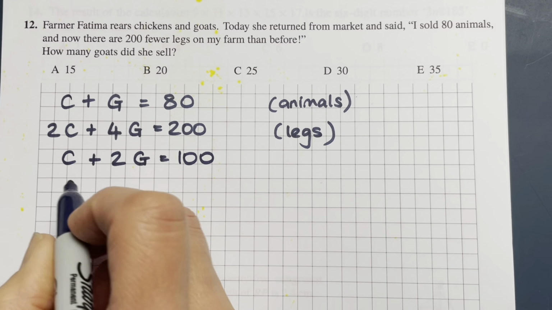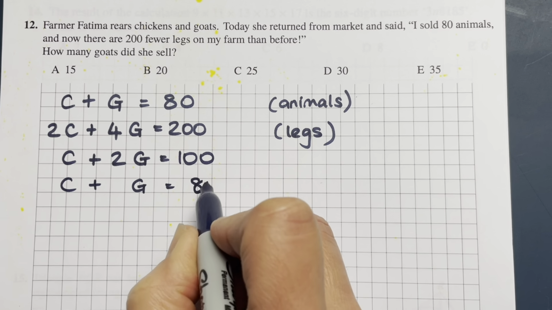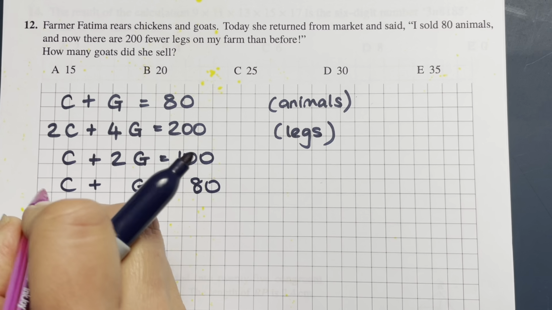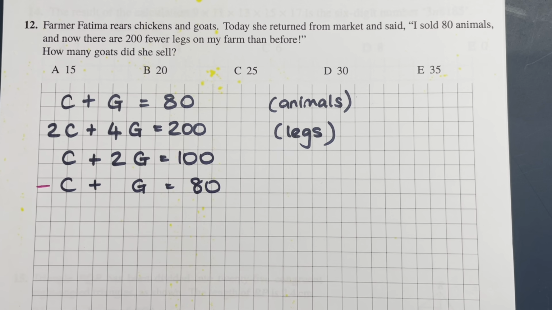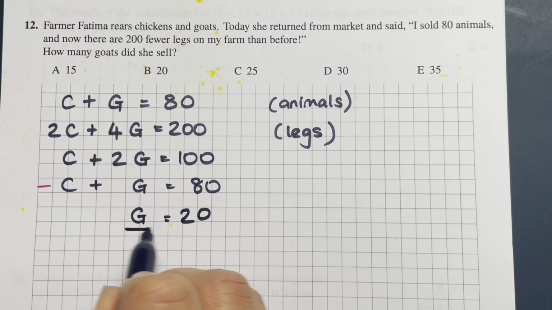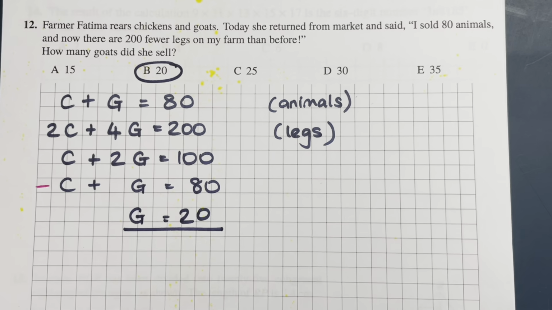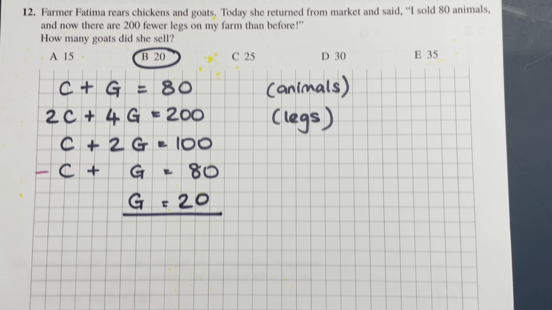I know from my first line that C plus G equals 80. If I subtract, C subtract C cancels out, 2G subtract G just gives me the number of goats. 100 subtract 80 gives me 20. So the total number of goats is 20. The answer to question 12 is B.